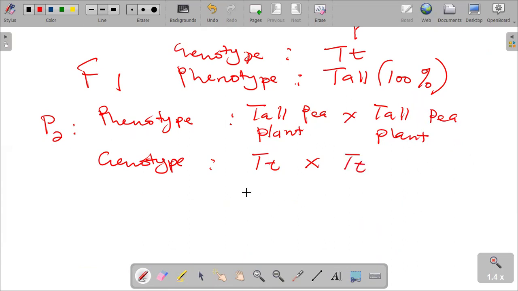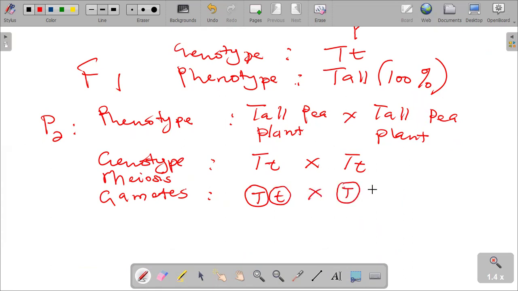Then meiosis must occur, and so we can have our gametes. Our gametes are going to be dominant T and recessive T, crossing against our gametes, which are dominant T as well as recessive T.